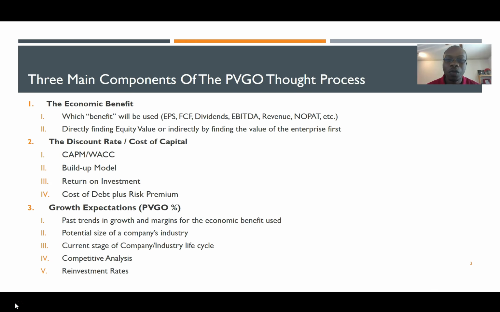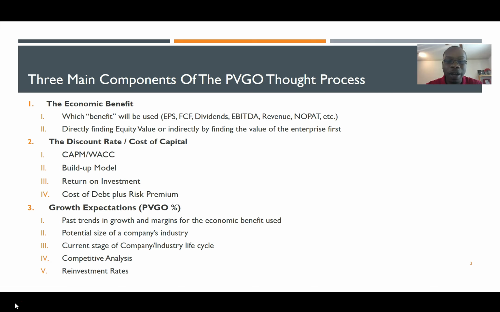Now, just a quick run through the whole equation. It's based off of three main components. The first is the economic benefit. Most people would use earnings per share. I would prefer to use net operating profits after taxes, because I tend to look at companies at a firm level instead of just an equity level. Discount rate is self-explanatory. You can use CAPM, WACC.